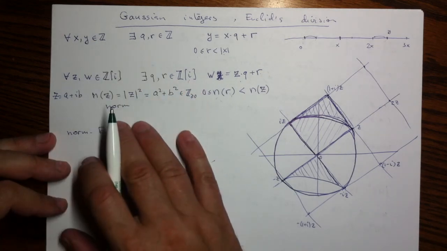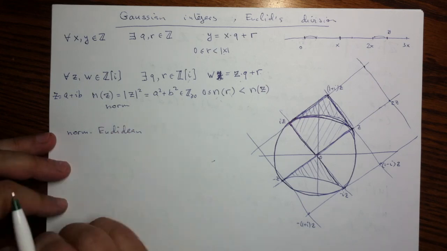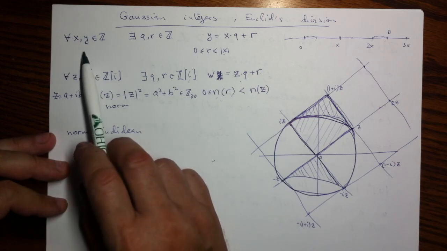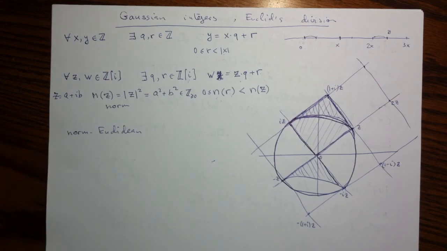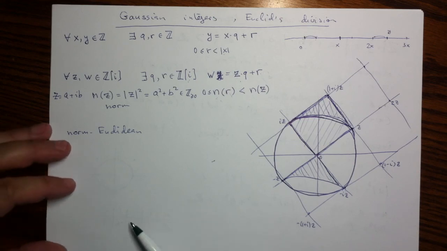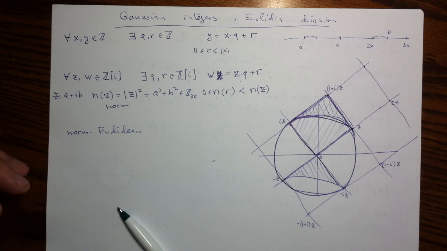So it is open for the whole sequence of statements standard in the story of integers to be translated to Gaussian integers, ending up with the unique factorization of any Gaussian integer, the fundamental theorem of arithmetic for Gaussian integers. It will also have interesting twists. The primes in this factorization will deserve investigation, so please stay tuned.